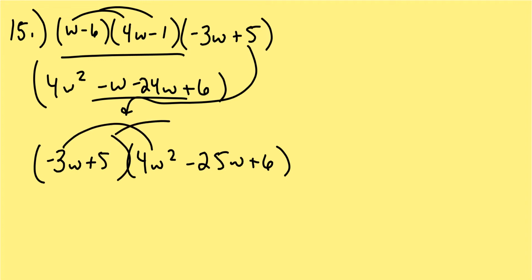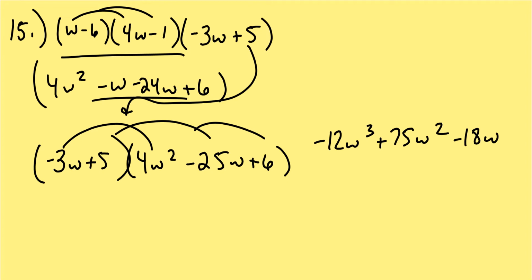Now negative 3w goes to everything, so I end up with minus 12w cubed plus 75w squared minus 18w. Now 5 goes to everything, so I get 20w squared minus 125w plus 30.